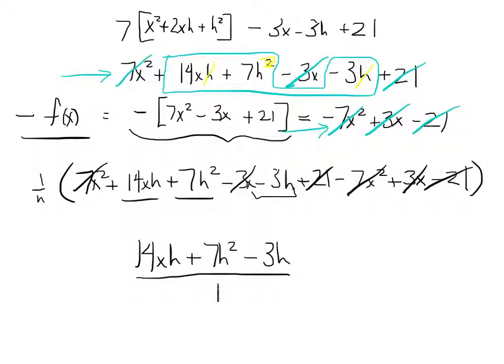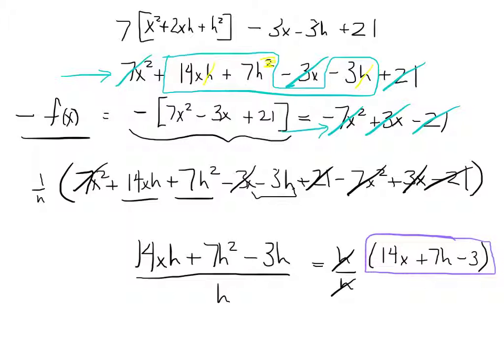You can think of factoring an h out of the numerator, or you can think of canceling an h out of each term, whatever. Cross out the h at the bottom. So we'll write it like this. And then, of course, those go away. And that is your final answer, in purple. Woohoo! All right.